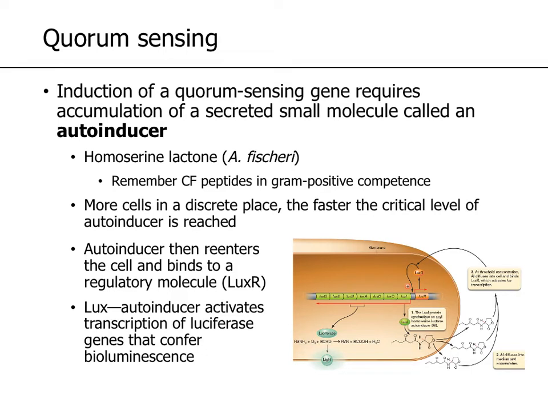How does that actually turn on the genes? Induction of the quorum sensing genes requires accumulation of a secreted small molecule, called an autoinducer. It secretes this molecule, and when it gets to a high enough concentration, eventually that will come back and turn something on. In this original example, the autoinducer is a homoserine lactone.